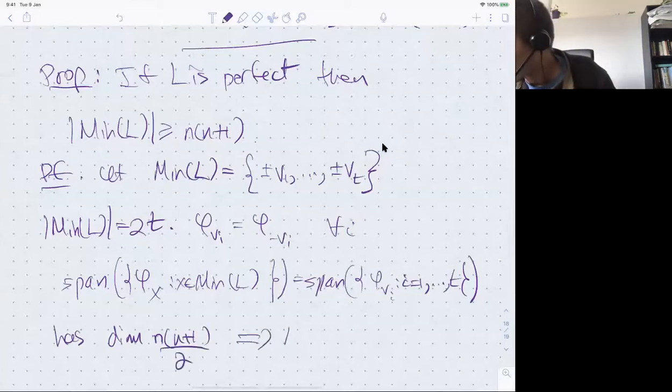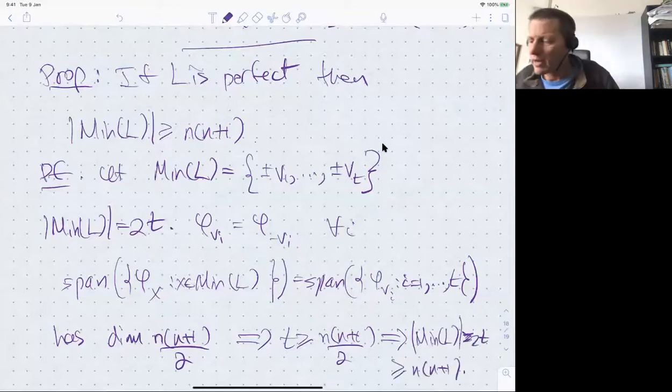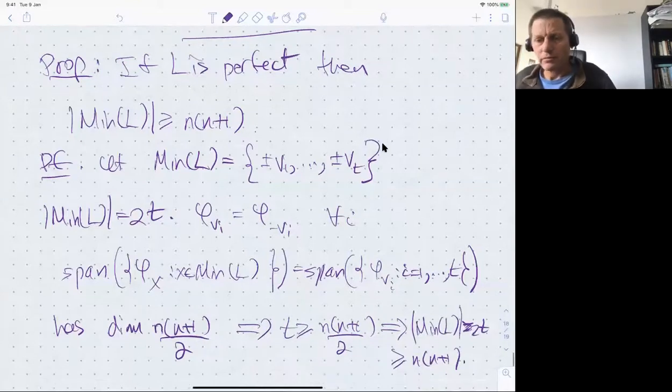So this implies that t is at least n times n plus 1 over 2. And this implies that the number of elements in the minimizer is at least n times n plus 1.